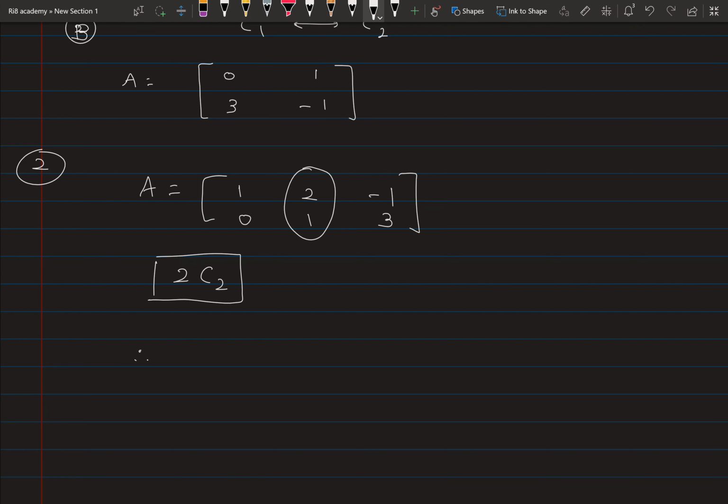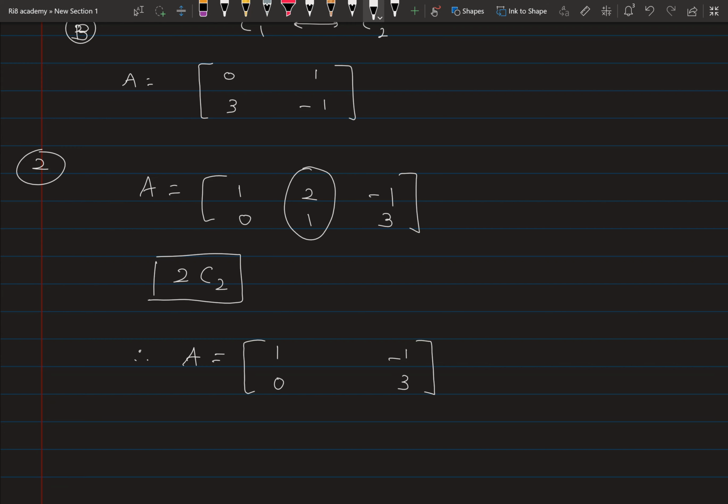So A equals. When we want to apply the operation of 2 on the second column, it means that we apply this operation only for C2. That is, C1 and C3 remain unchanged. Now what do we do for C2? In C2 each element is multiplied by 2.